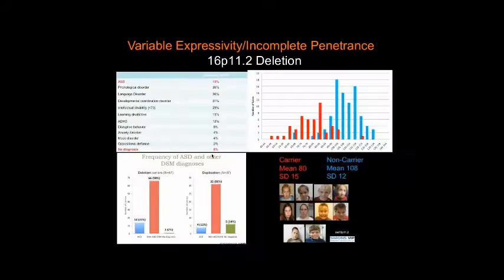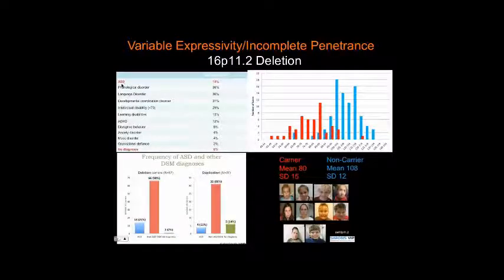By collecting much larger populations of patients, we've learned that there's a lot more information that we can give patients. This is work that was supported by the Simons Foundation, looking exclusively at 16p11.2 deletions. They evaluated these kids both phenotypically and structurally, and also by doing IQ testing.